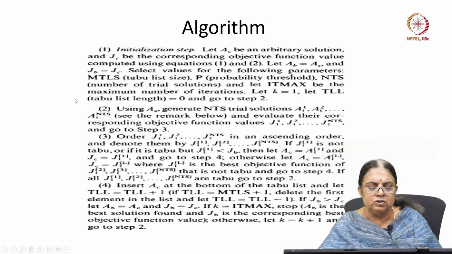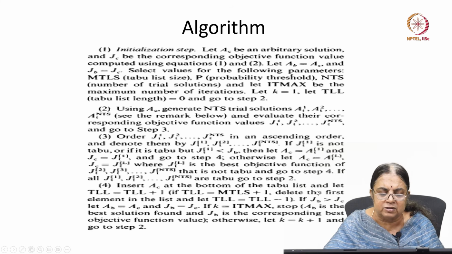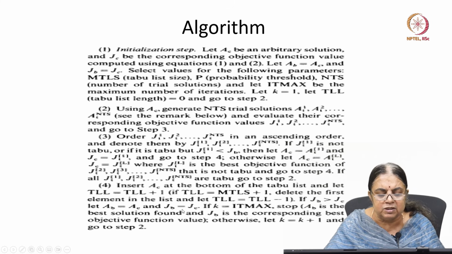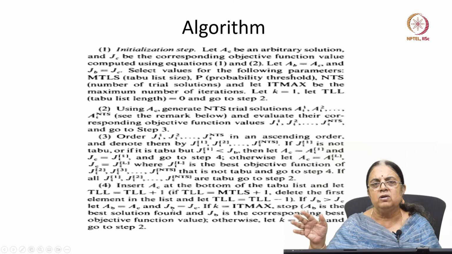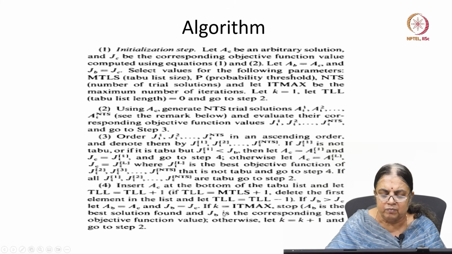Then once you have chosen one current solution, you insert AC at the bottom of the Tabu list and let TLL, that is the number of elements in your Tabu list, equal TLL plus 1. And if it becomes greater than the maximum, you delete the first element in the list. If JB is greater than JC, then you put JB equal to JC, because JB gives you your best up to this point in time.